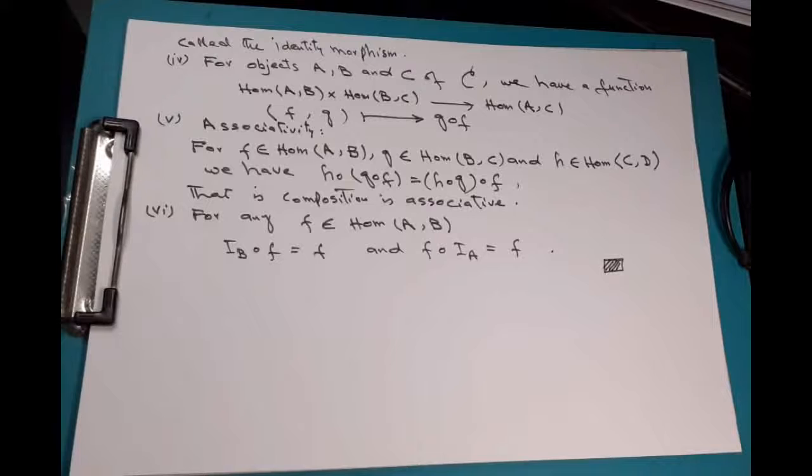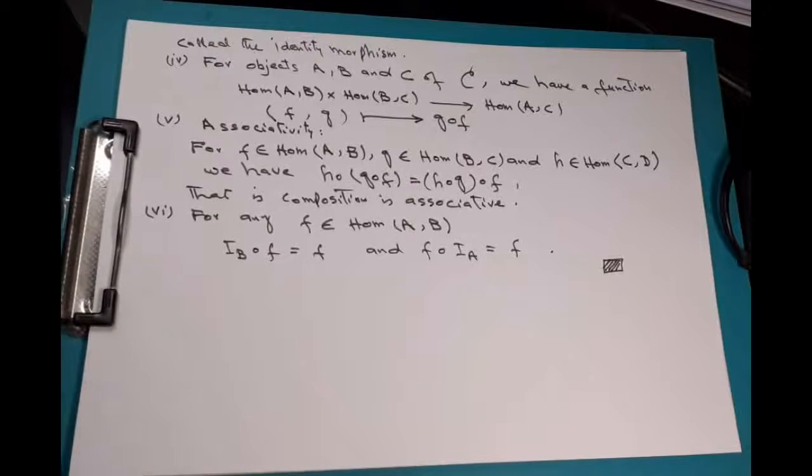And then fourthly, composition of morphisms is associative. And then for each object A, we have a morphism with domain A and codomain A, which is called the identity morphism. And then if we compose the identity morphism with some other morphism, if the composition is valid, then the result is the morphism with which the identity morphism is being composed. So these are the components of the definition of a category.